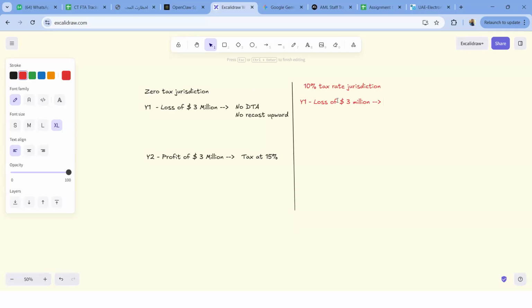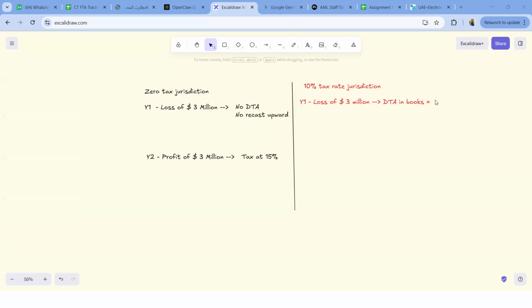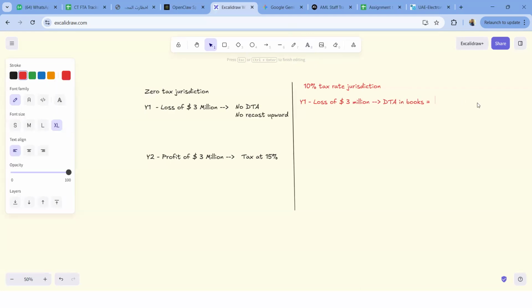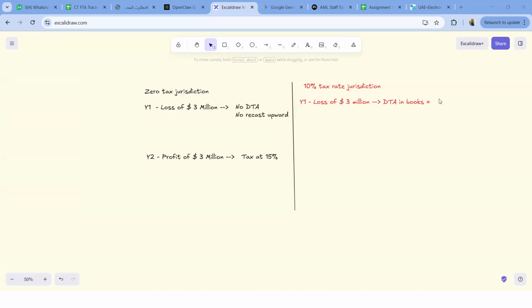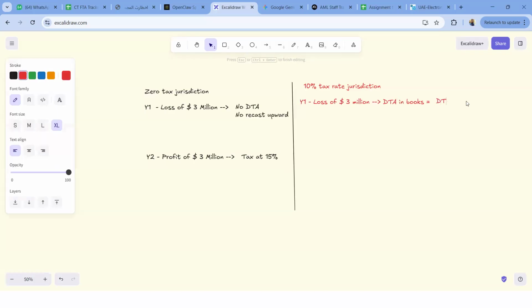Now you have to tell me the number. What would be the DTA in the books? Not 15%. 300,000, absolutely. So I will have a DTA of 300,000.